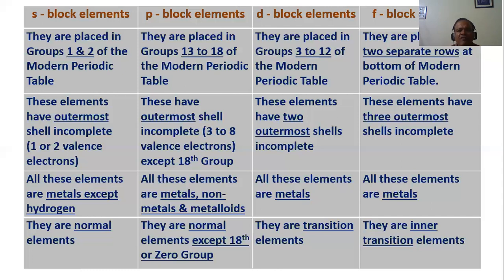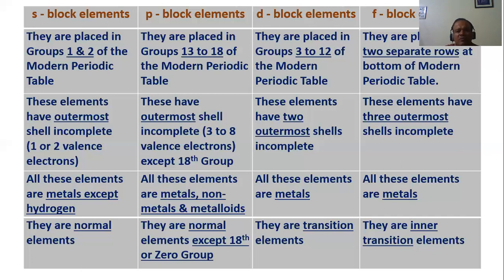A very easy way of remembering. Learn to distinguish between these elements in this way and you learn it very easily. We have a panoramic view, a whole holistic picture of the whole thing.